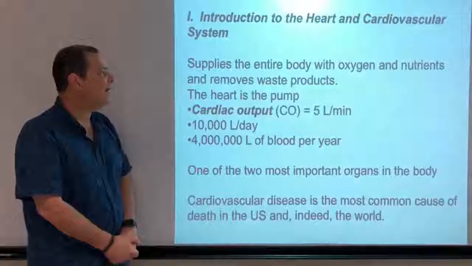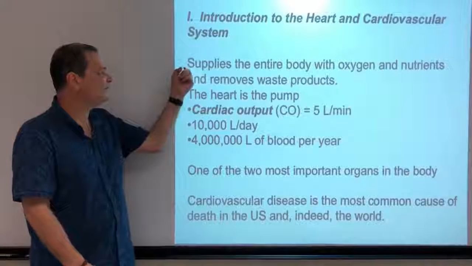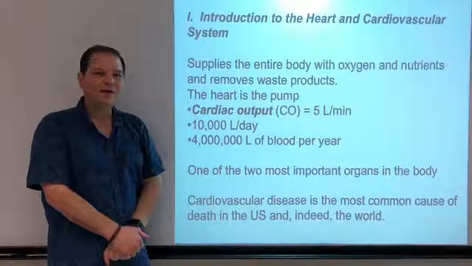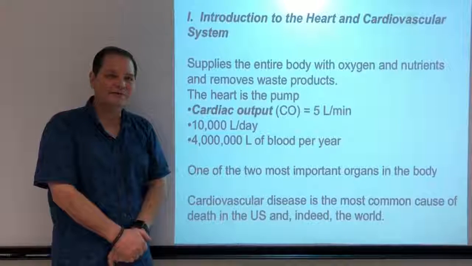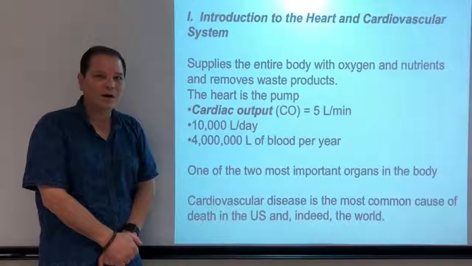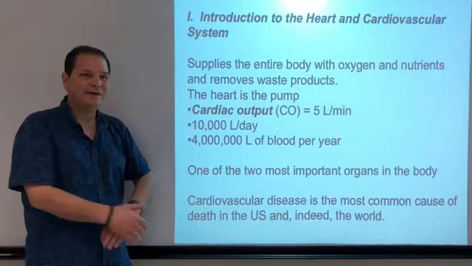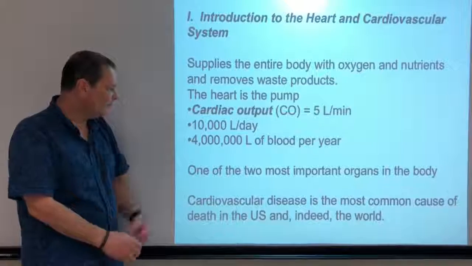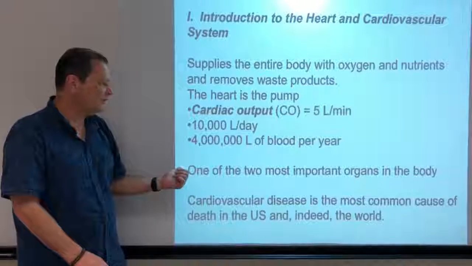And because it is supplying itself with oxygen and nutrients, it presents some very unique problems when it comes to understanding heart disease and treating it. It is one of the 2 most important organs in the body.